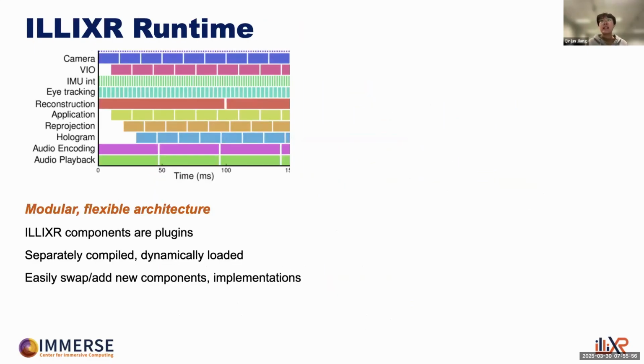So Elixir provides a very friendly interface or platform to facilitate such full system research. Elixir maintains a modular and flexible architecture. All of the components can be modeled as plugins, and these plugins can be separately compiled and dynamically loaded. This allows users to easily swap out or add new components and test their implementations in an end-to-end fashion.